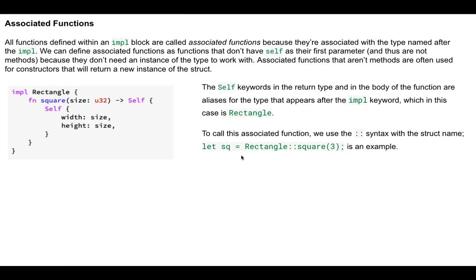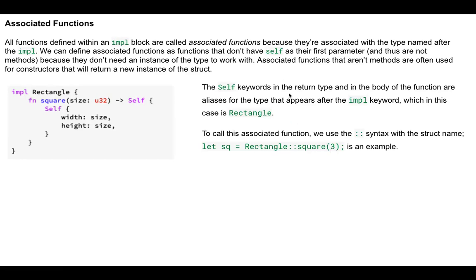Since there is no instance associated with it, you can also invoke it this way. We used this syntax previously when we were creating strings in the previous lecture, the double colon. It's called on a non-instance method. See, for example, square 3.